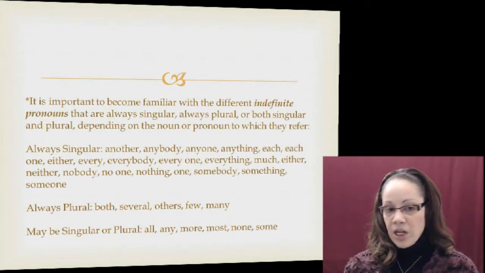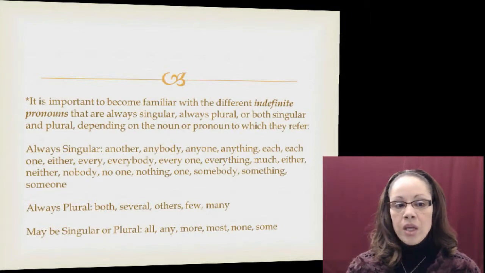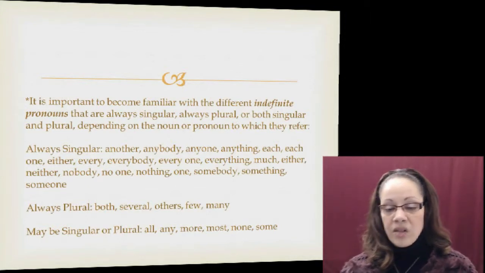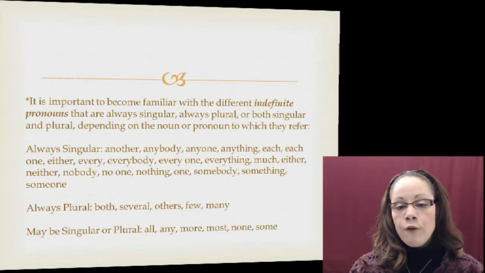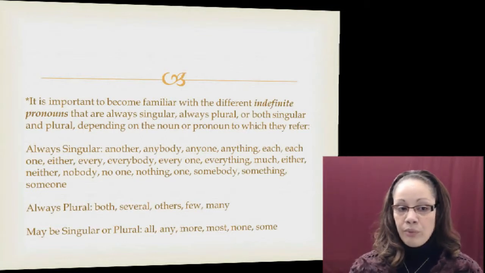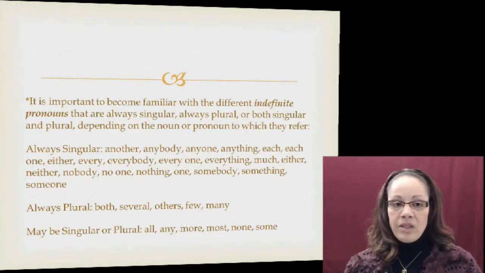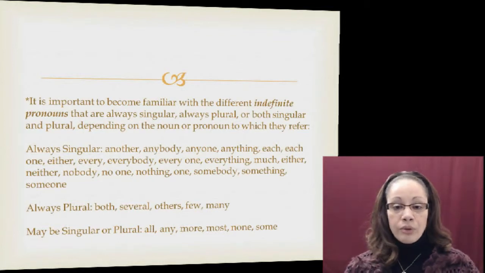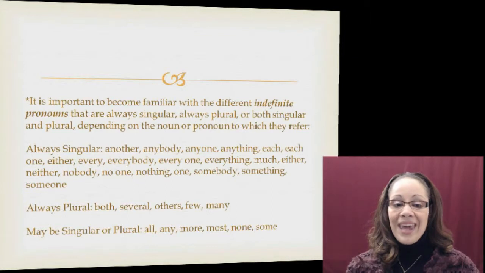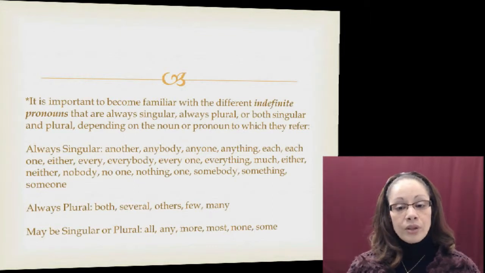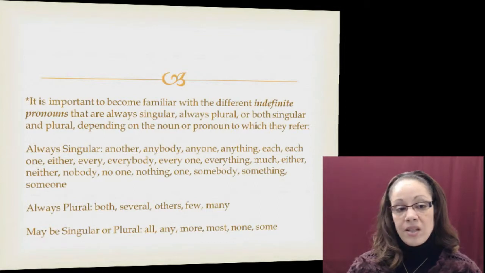I have a list here. I'm kind of going away from the other trouble spots that I'm going to get to in a minute. I want to focus a little bit on indefinite pronouns. Some of them are always going to be singular, some of them are always going to be plural, and then you have those few that can be either singular or plural depending on what that pronoun or noun is referring to in the sentence.